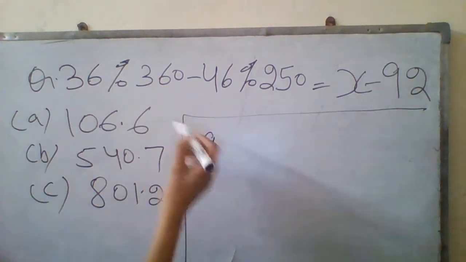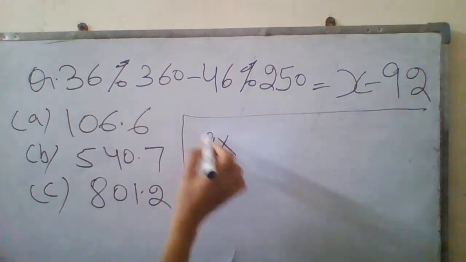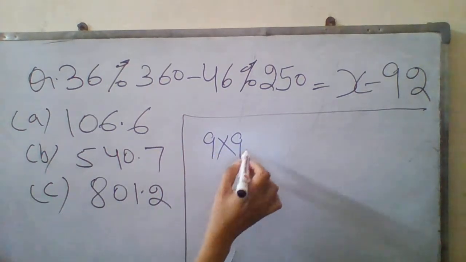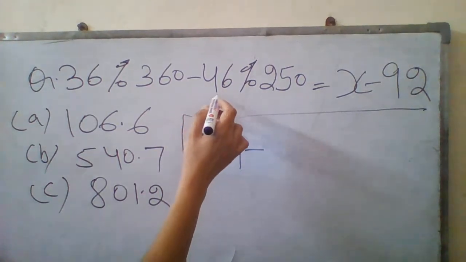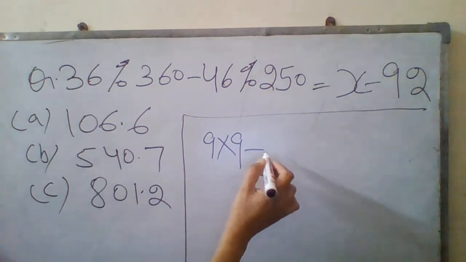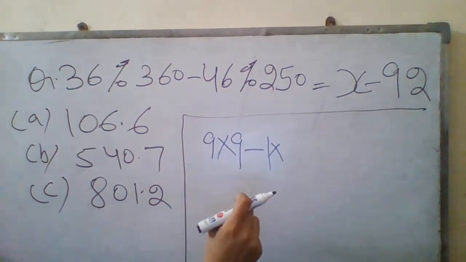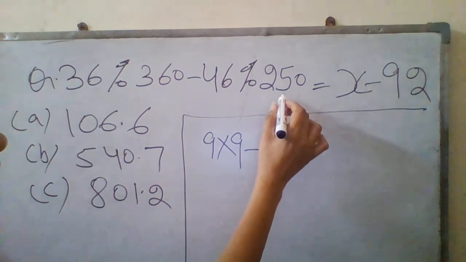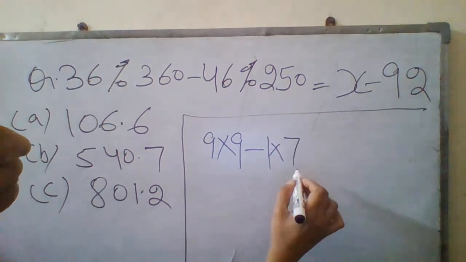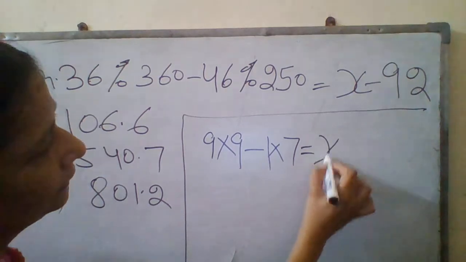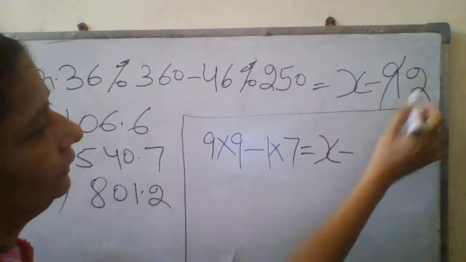Percentage ignore, of 360, so DR is 9, multiply 9, minus 46, DR is 1, into 250, DR is 7, is equals to x minus, now ignore 9, so 2.